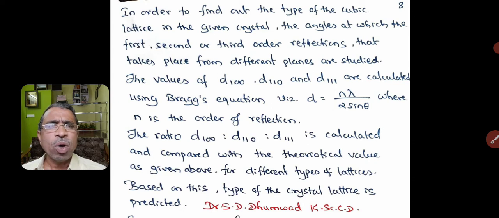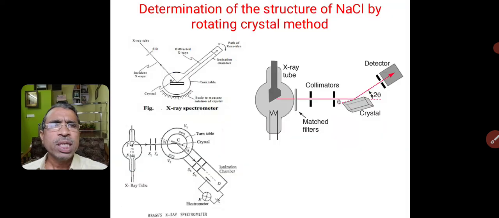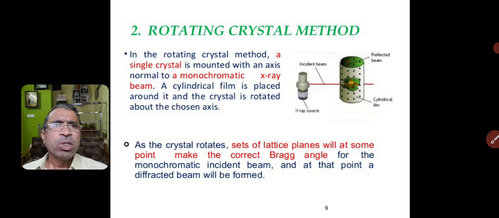So, by comparing this, we come to know what the crystal structure is for that particular crystal. So, this is the rotating crystal method, the apparatus that is used, and as I have explained, how it is calculated.